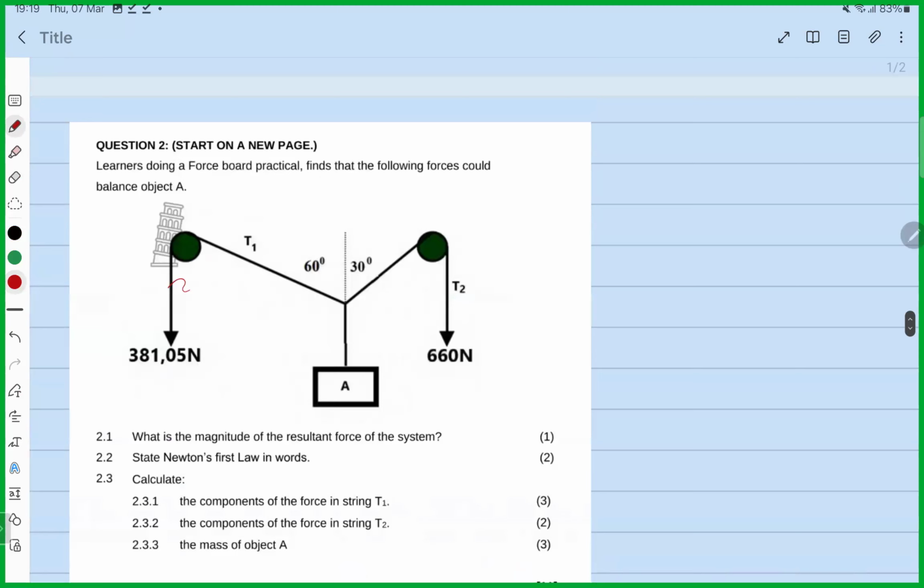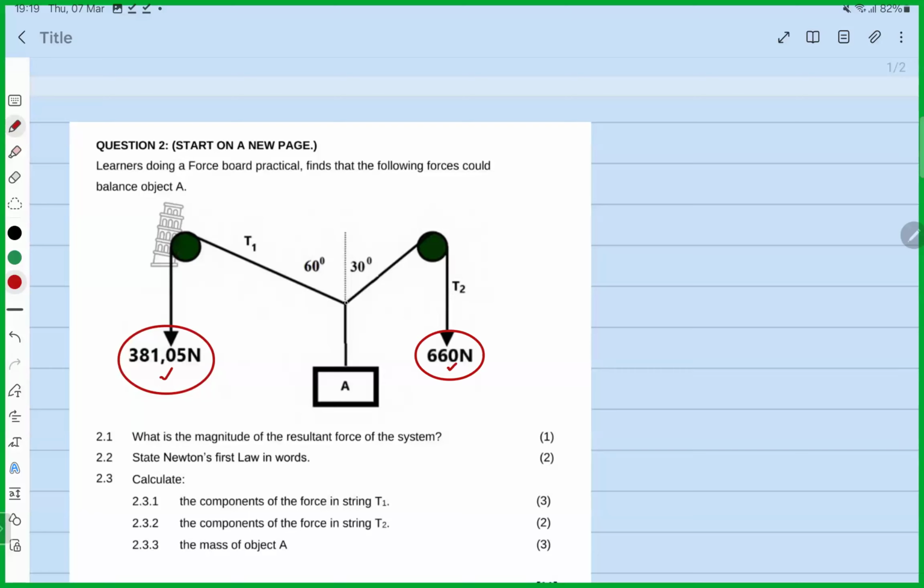So let's talk about T1 and T2 before we start. Boys and girls, if they have hanging masses here on the sides, those hanging masses will have a weight. You will work out the weight. They've worked out the weights for you. Those weights will basically be the tension in the two strings.